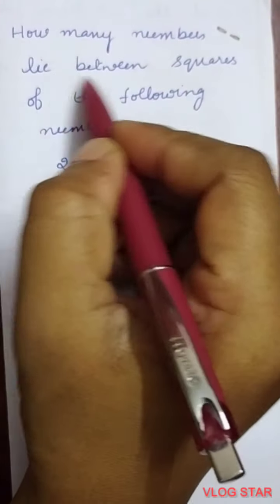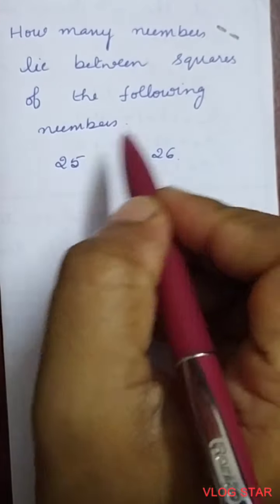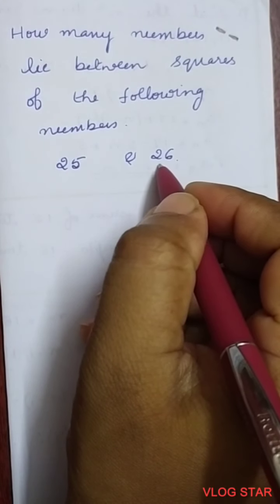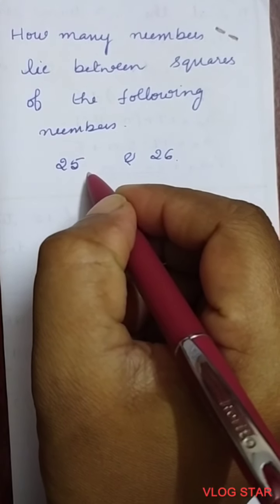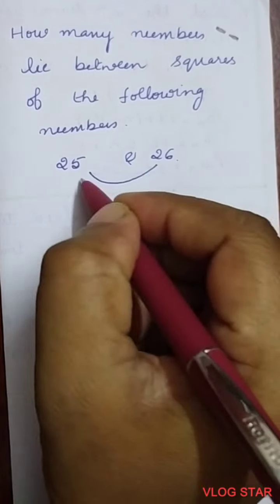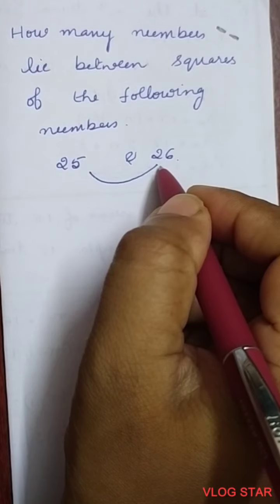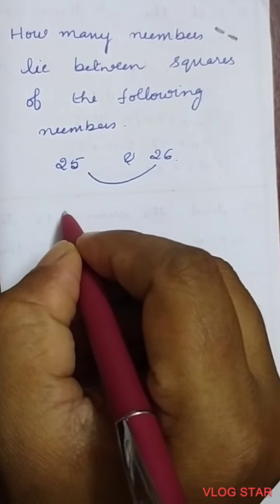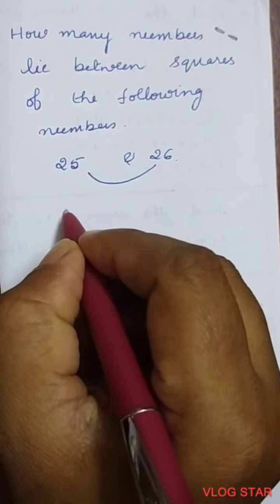How many numbers lie between squares of the following numbers? The numbers given are 25 and 26. We have to find out how many numbers lie between the squares of these two numbers. First we write a formula: to find the numbers between the squares of these numbers, it is 2 times the smaller number.